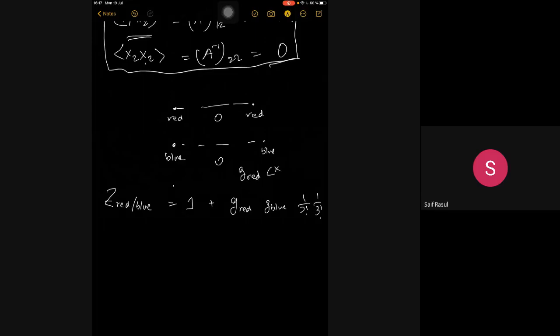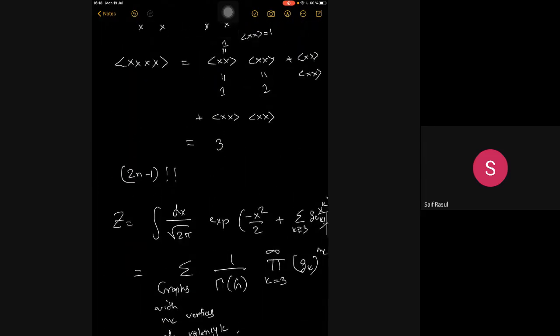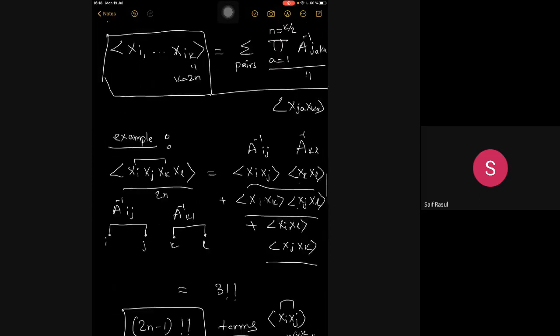It's X1 cube over 3 factorial, if you remember how we expanded it. X2 cube over 3 factorial. Where did I expand them?